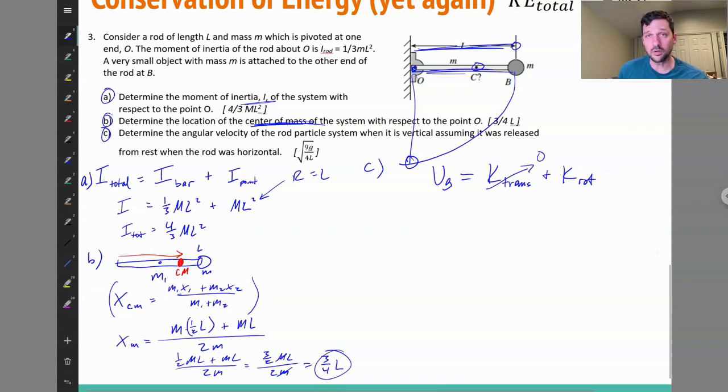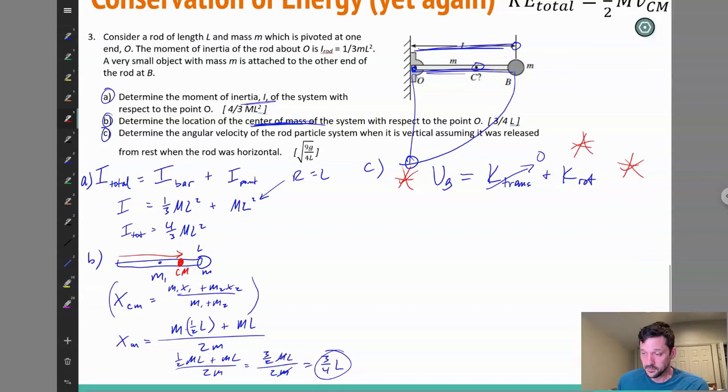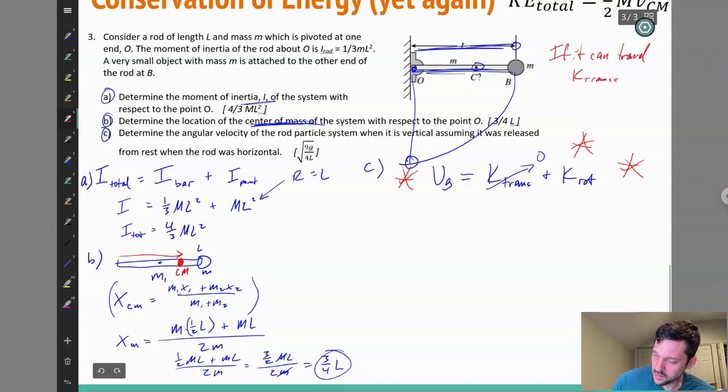It can only rotate. I'm going to put 3 stars next to this, just because that's an extremely important distinction. If the thing can move, if it can travel, then kinetic energy of translation is a yes.